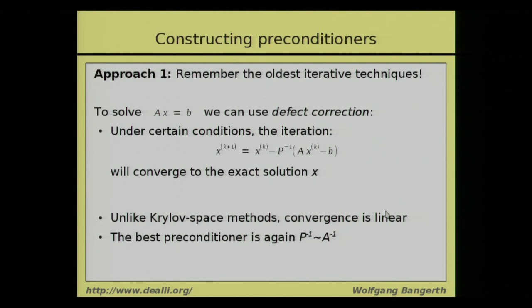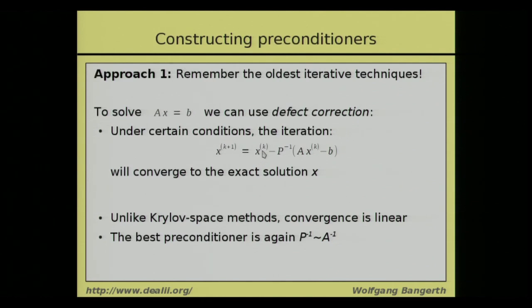Looking at other iterative techniques goes back to the very first iterative solvers that we had. They date back more than 200 years to the times of Gauss, for example. What these people did at the time is something like this. I want to solve Ax equals b, and I want to do this iteratively, so I want to form an x in iteration k plus 1 that I can compute from xk.